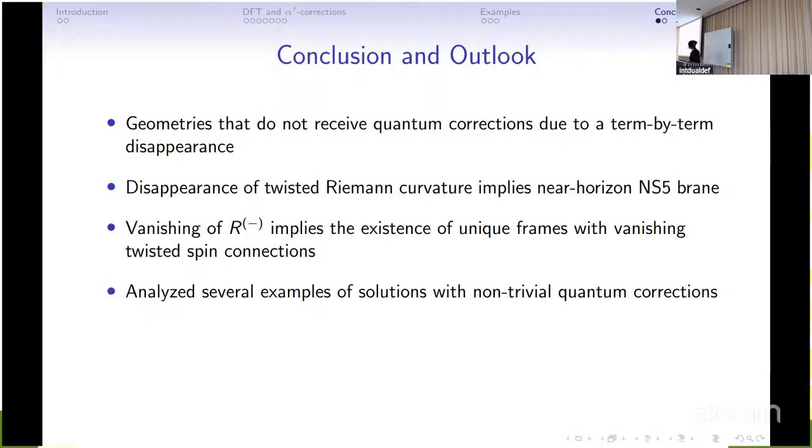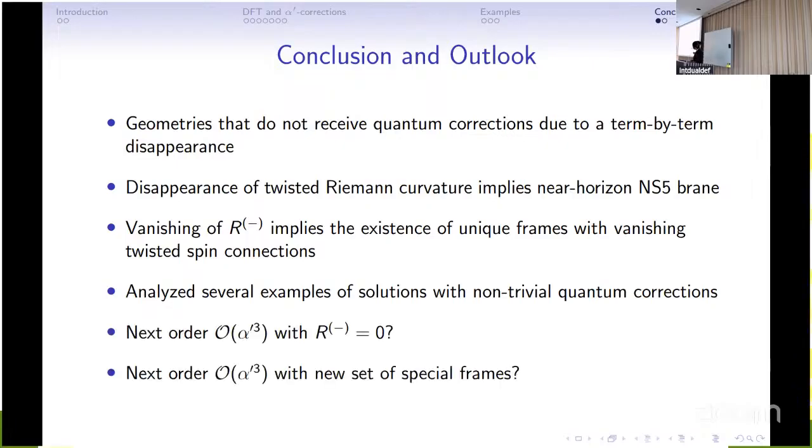Not just that, but we also analyze several examples of solutions which have some non-trivial quantum corrections, as I just mentioned. Now, the 0.1% that I was mentioning, the rest of the whole talk is going to steer away from the tension area, but to give just a little idea or some outlook options or some nice open questions that could be interesting to look at, do come at order 3.